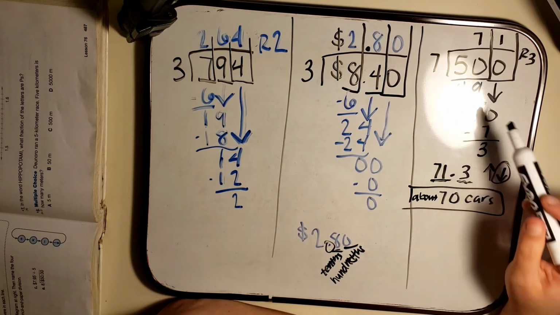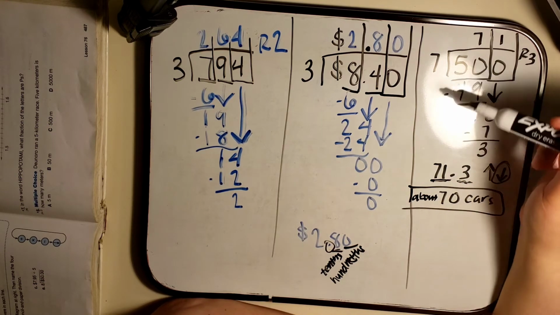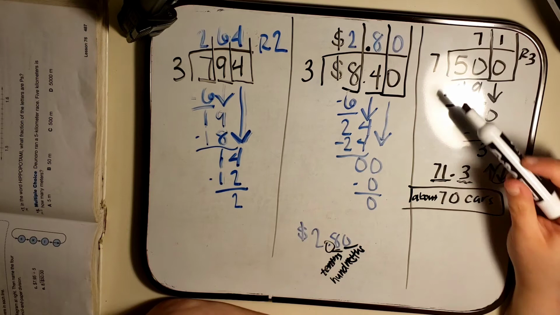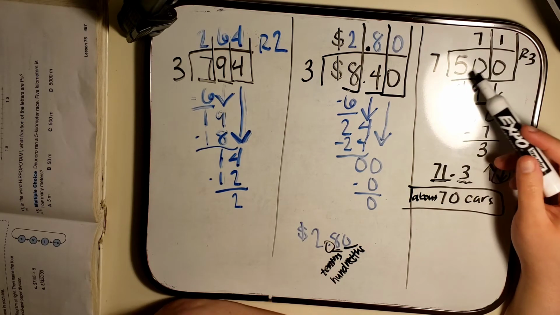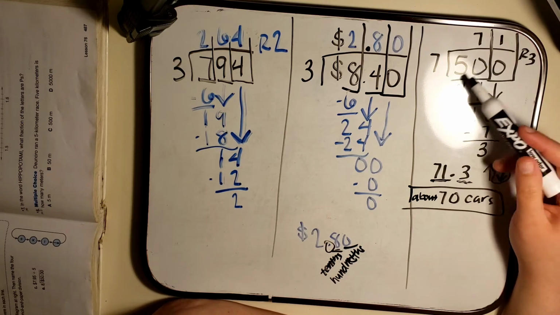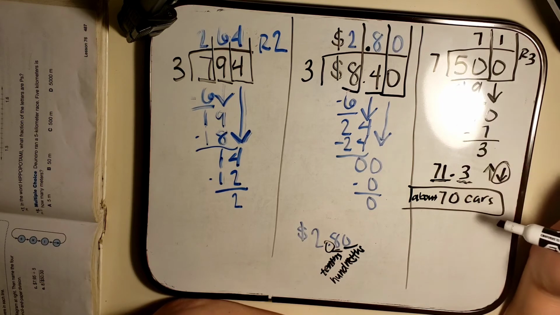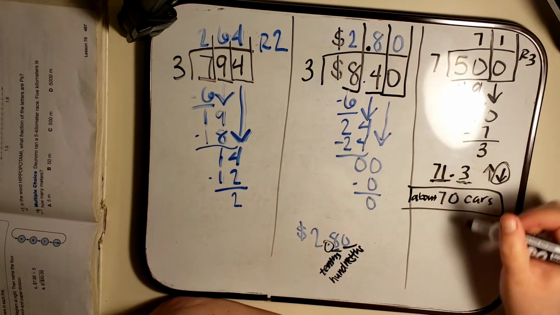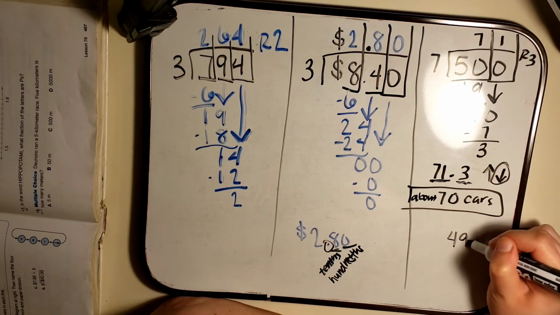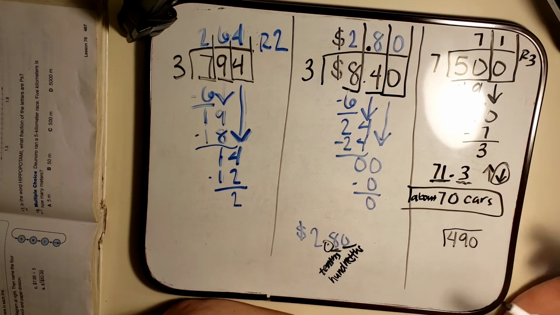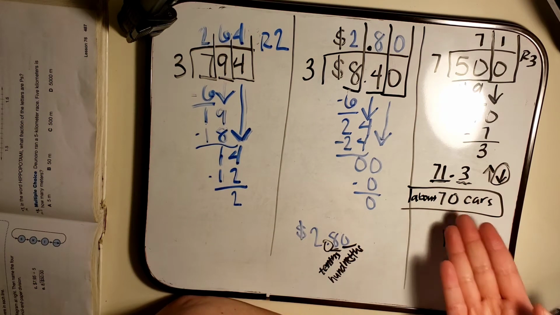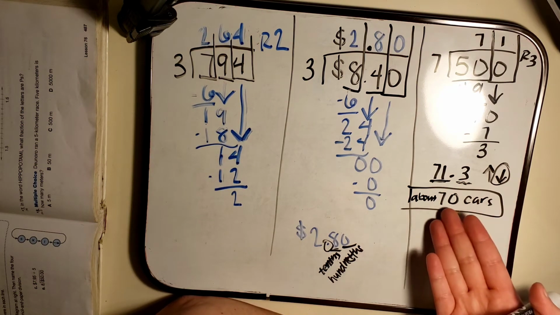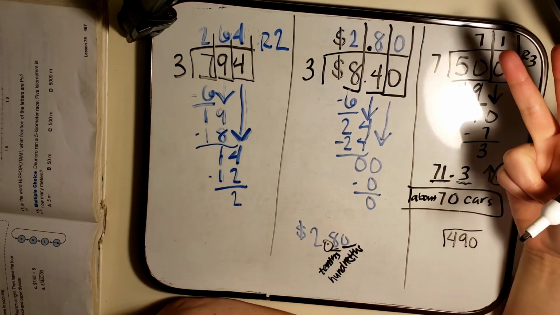So you could do your rounding at the end, or the way they do it is say, I know that 50 and 49 are pretty close, and 7 goes into 49. So they rounded the big number down to 490, which I don't like because I feel like you'd get the most accurate answer figuring out the answer and then rounding.